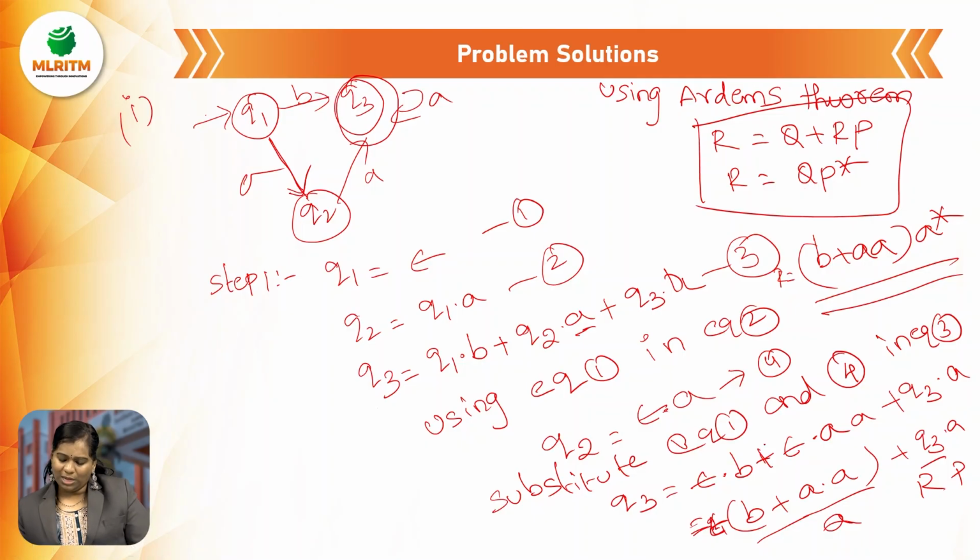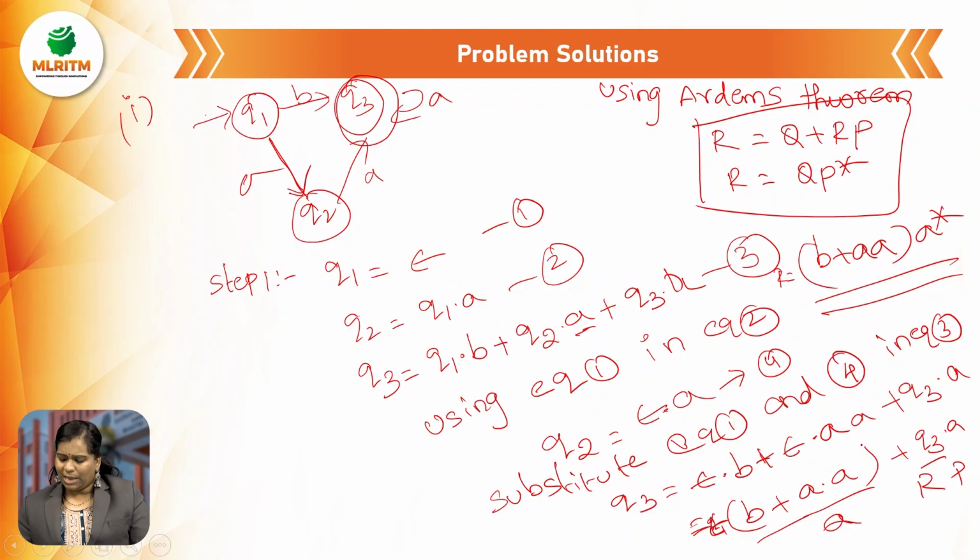So Q1 is Q1 dot B. Q1 is epsilon dot B plus epsilon dot A dot, again here we have A, plus Q3 dot A. Epsilon A is A; anything into epsilon is that anything only.